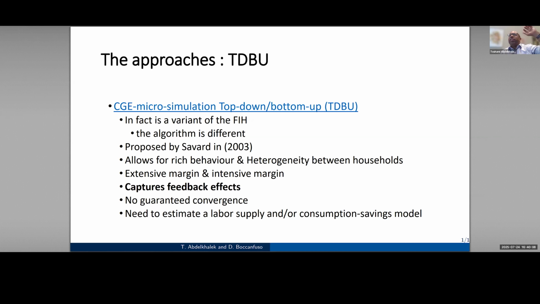They look at the impact of a shock on the CGE model, what the consequence is on the household at the bottom, and after the reaction of the household, there is a feedback to the national or sectoral situation, and they iterate.